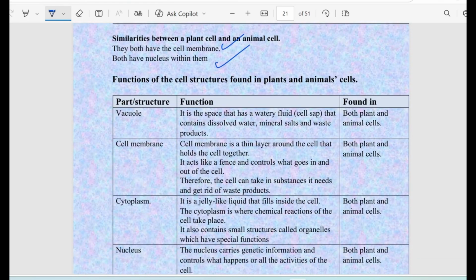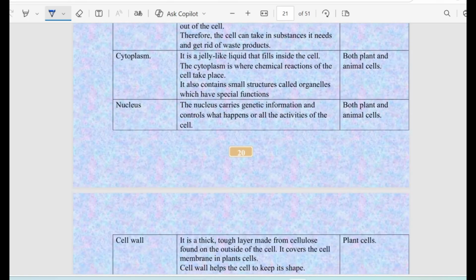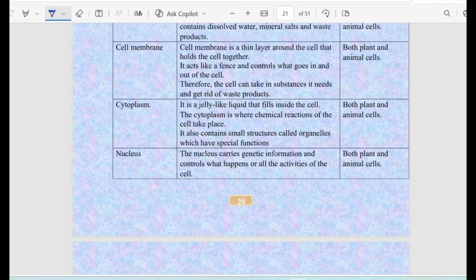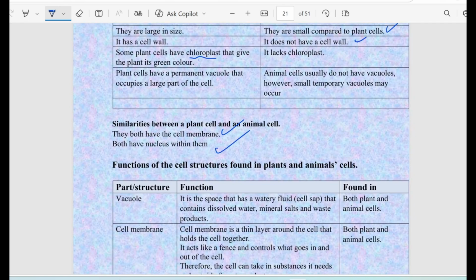Next, let us analyze the functions of the structures found in plant and animal cells. Before we do that, you're supposed to know that the vacuole, the cell membrane, the cytoplasm, nucleus, cell wall, and chloroplast are known as organelles.